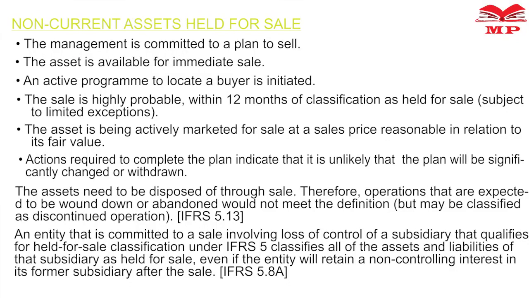An entity that is committed to a sale involving loss of control of a subsidiary that qualifies for sale classification under IFRS 5 classifies all of the assets and liabilities of that subsidiary as held for sale, even if the entity will retain a non-controlling interest in its former subsidiary after the sale.